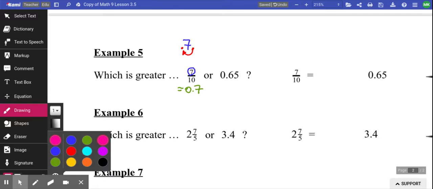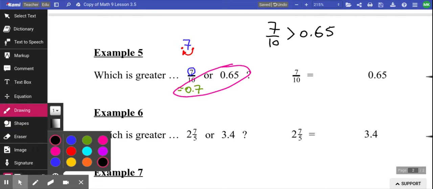Now, it's super easy to compare these decimals. The bigger one would be 0.7. 0.7 is bigger than 0.65. So therefore, 7/10 is greater than 0.65. That's the easier way to do that one.